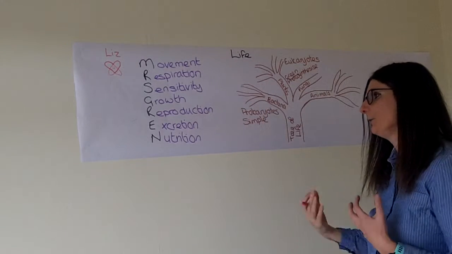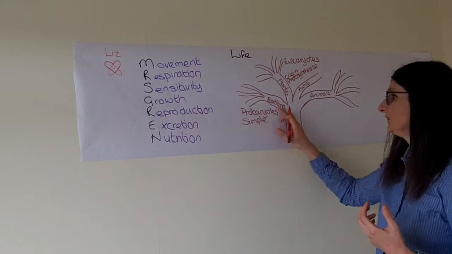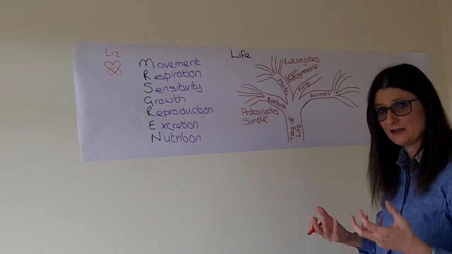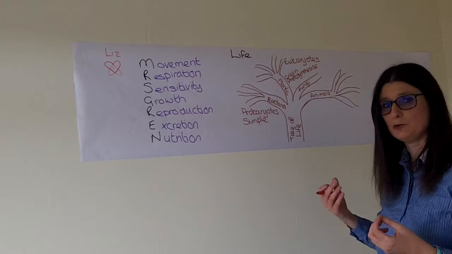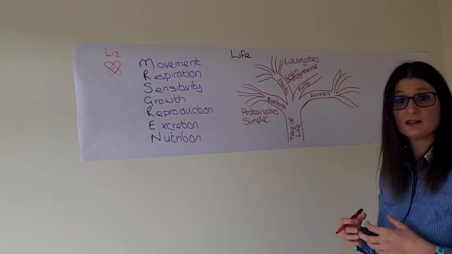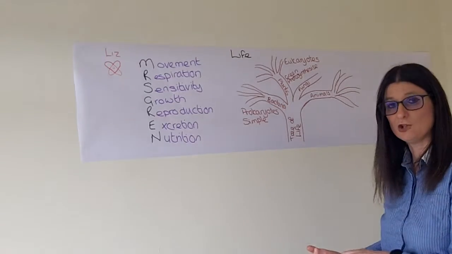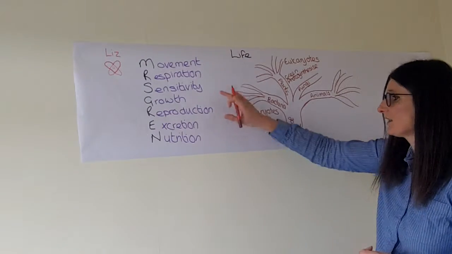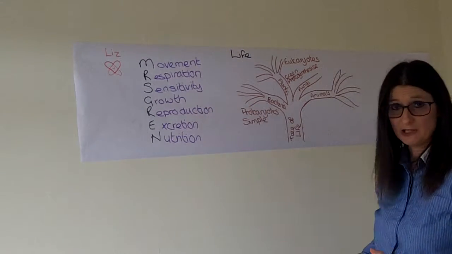Are they sensitive? Yes, again, like bacteria, they can sense different temperatures and will grow best at their optimum temperature. They can also sense acidity, the amount of nutrients that's available with them, and that kind of thing. So they are sensitive. Do they grow?